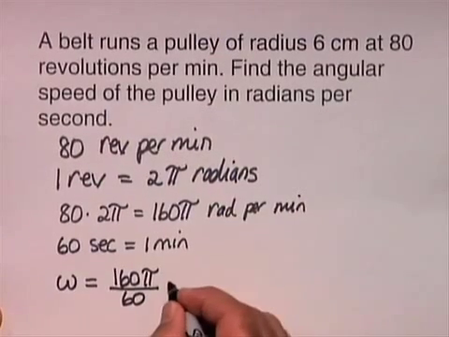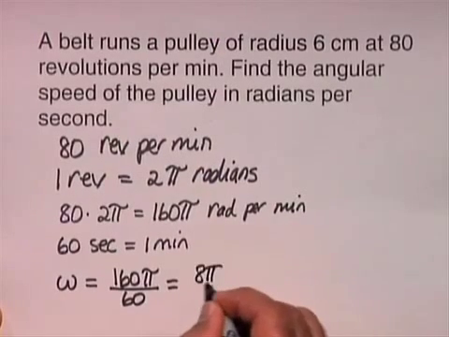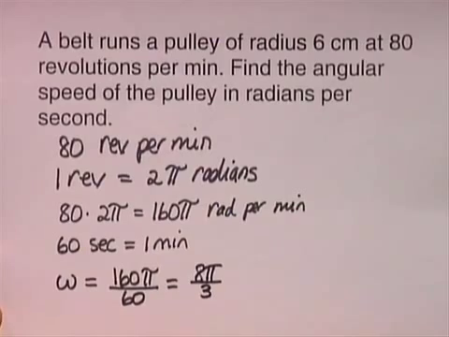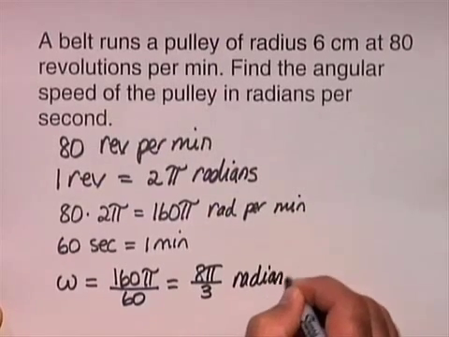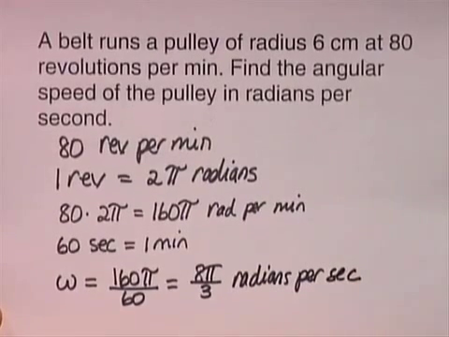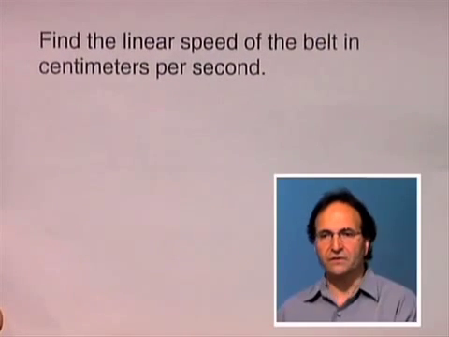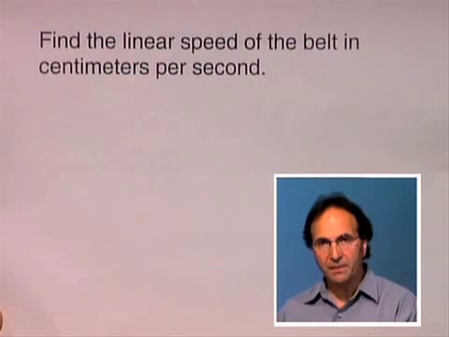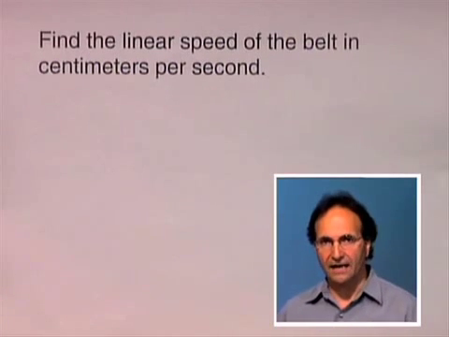And let's simplify that to 8 pi divided by 3, and that would be radians per second. Well, now let's take a look at the next part, which is to find the linear speed of the belt in centimeters per second.